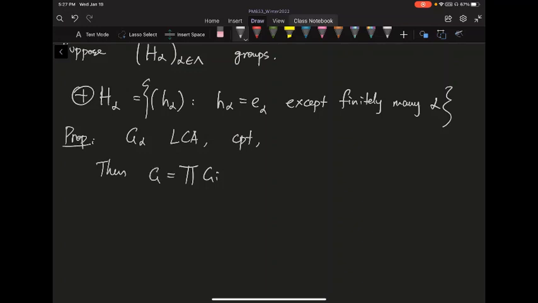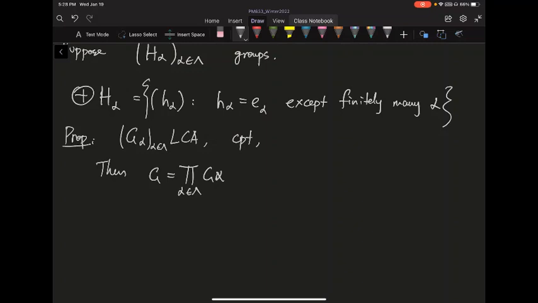So if I consider their direct product, G alpha inside lambda, if I only have locally compact instead of compact, then the topology on this infinite product is going to be really weird. I may not even have a locally compact topology on this product. So that's why I require each copy of G alpha to be compact.